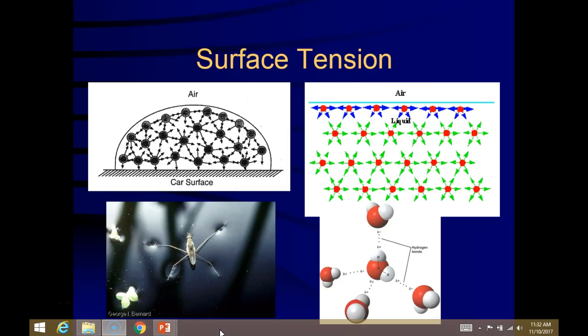In fact, if the surface of the substance that the water is on is nonpolar, for example, let's say you have a freshly waxed car, you might notice that the water is so cohesive that it forms a drop, almost a sphere or a hemisphere. Pretty cool. But surface tension is created by this highly cohesive nature of water because it's forming hydrogen bonds.